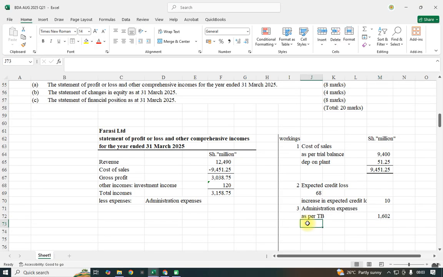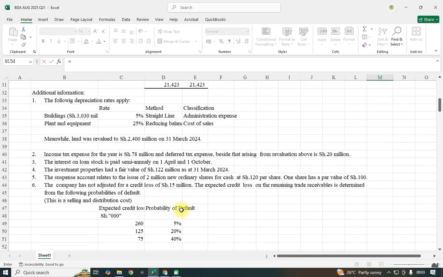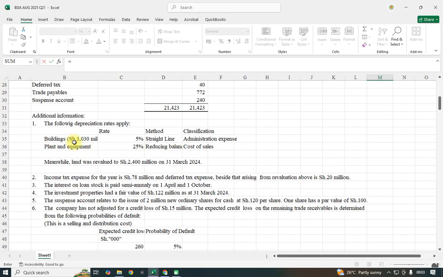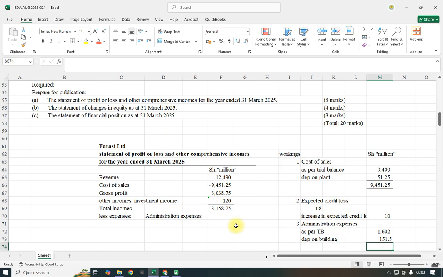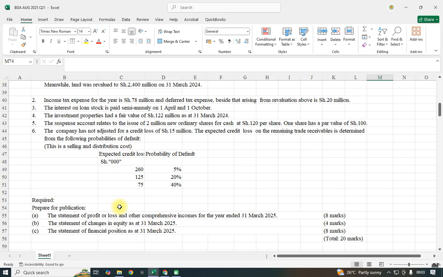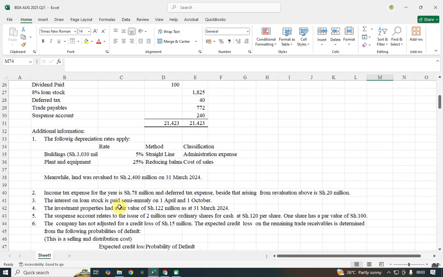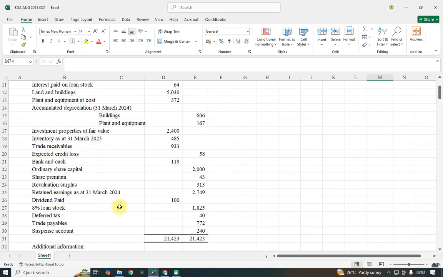Then we shall include the depreciation on building, and building is on straight line, so 5%. Remember the cost of the building was 30/30. 30/30 by 5%, which will give you that value. I think it was the only item that was included under the administrative expense. There was nothing else that was supposed to be included there.